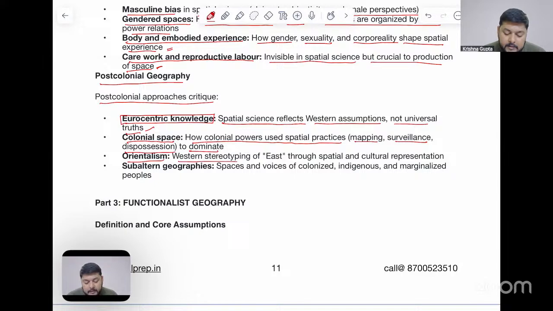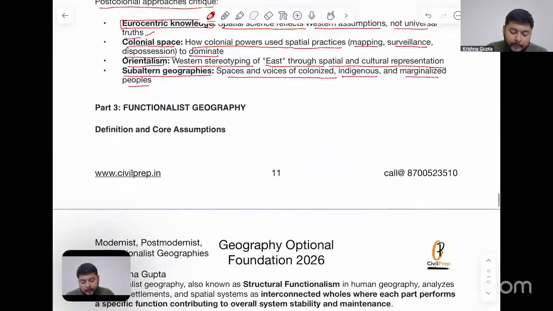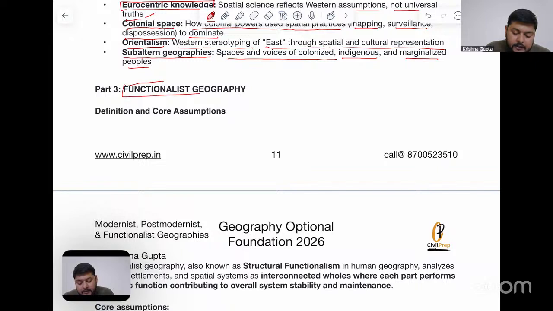Orientalism, Western stereotyping of the East through spatial and cultural representation, is also seen here. Subaltern geography: the spaces and voices of colonized, indigenous, and marginalized people are basically sidelined and not heard by most organizations and institutions. So this was seen as a part of postmodern geography, which included feminism.